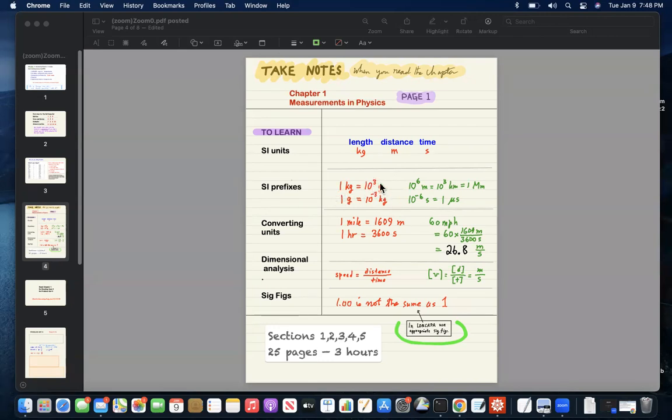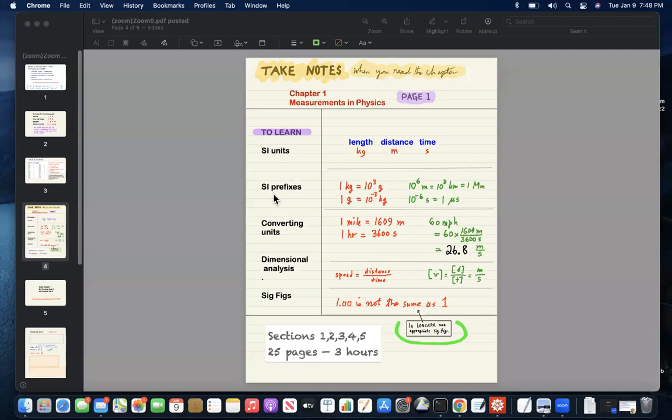How do you convert from kilograms to grams? You multiply by 10 to the 3. Or 10 to the 6 meters would be 10 to the 3rd kilometers, would be 1 megameter. And 10 to the minus 6 seconds would be 1 microsecond.